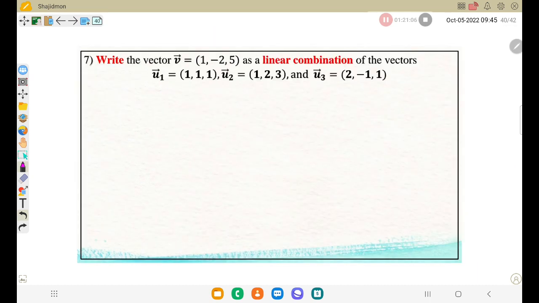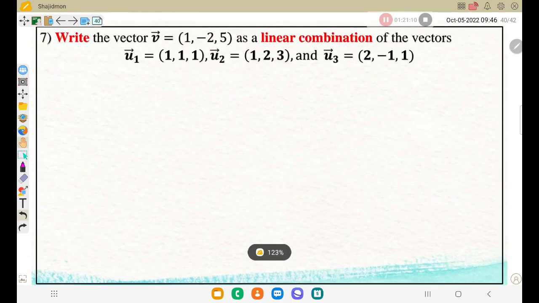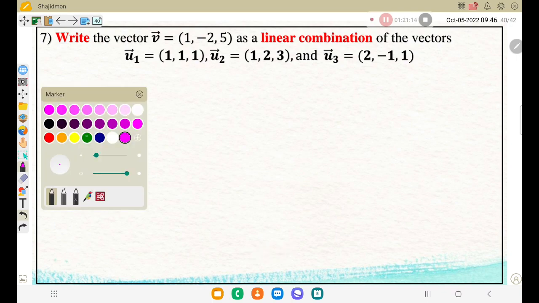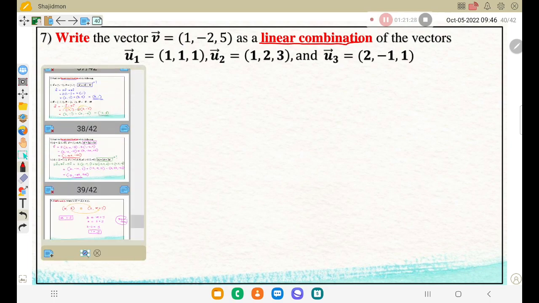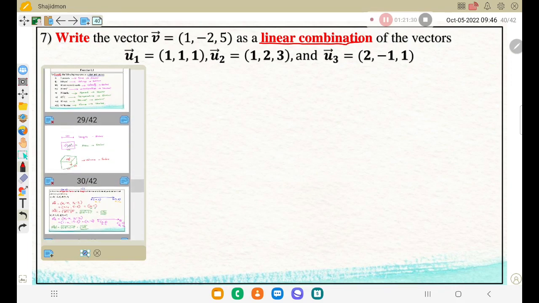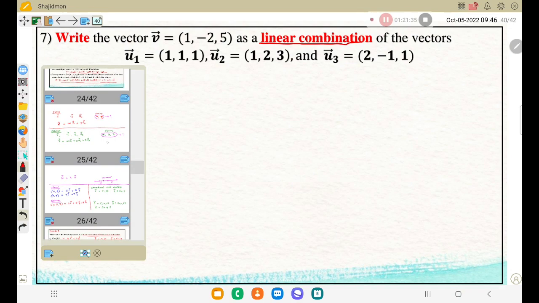Now we are going to the 7th question. This is an important question in this section. Write the vector v as a linear combination of the vectors u1, u2 and u3. We discussed the linear combination of vectors in the plane and the linear combination of vectors in space.